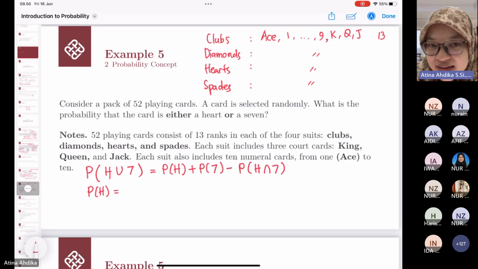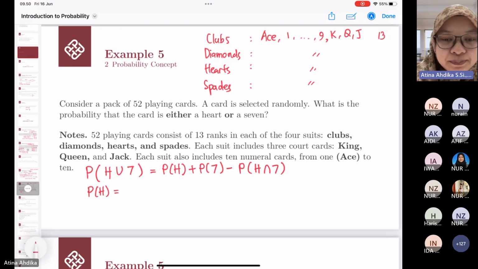They consist of ace, and then we have the cards numbered 1, 2, 3 until 9, and then we have king, queen, and jack for each suit. So we have 13 cards in each suit. We have 13 cards in clubs, 13 cards in diamonds, 13 cards in hearts, and 13 cards in spades.